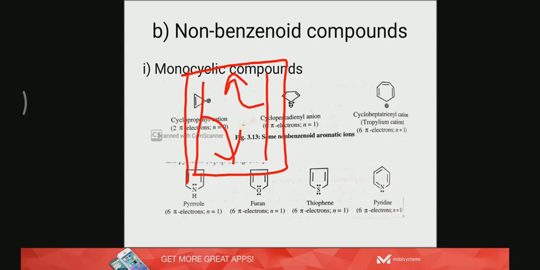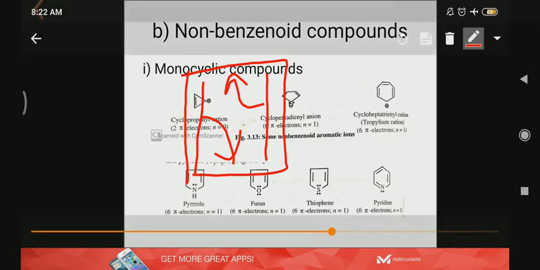Now the question is, is it aromatic? You check the third condition, whether it is a Hückel number. 2 pi bonds equal 4 pi electrons. Is it a Hückel number? No. So cyclobutadiene, even if it satisfies the first two conditions, is not a Hückel number and is not aromatic. So it's a very interesting example.